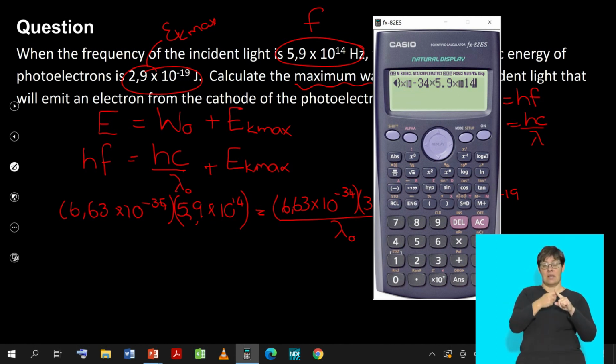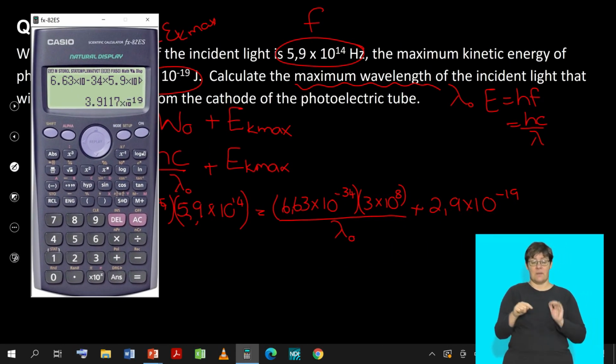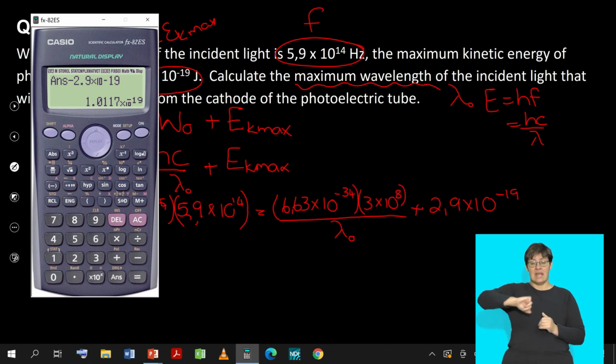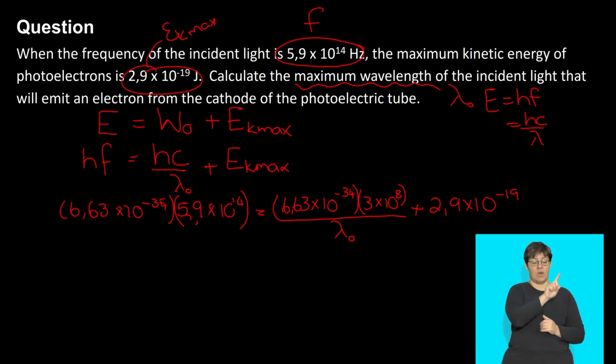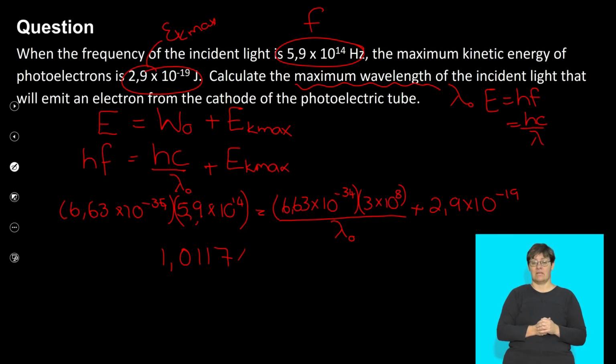Then I get that, and then I'm going to minus 2,9 times 10 to the minus 19. I'm going to keep all the decimals because I'm not finished with my calculation. So I've got 1,0117 times 10 to the minus 19.